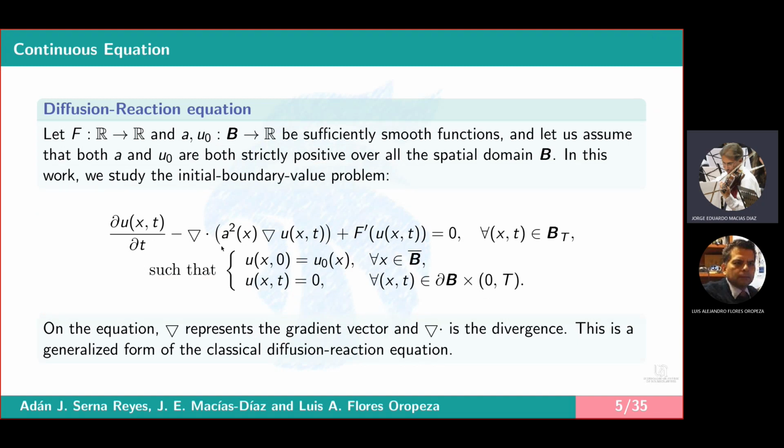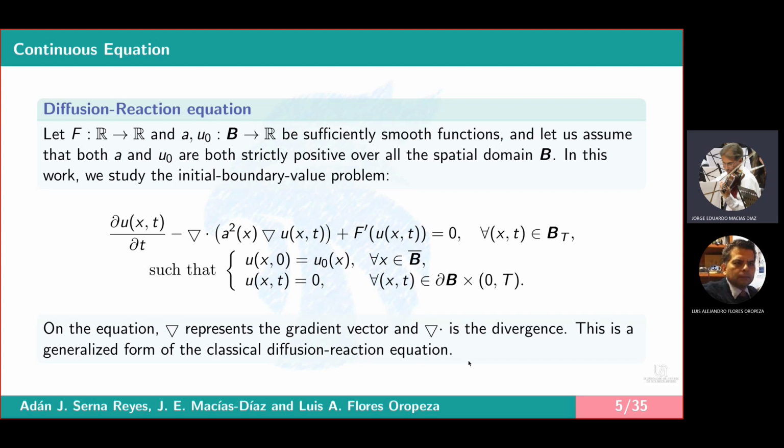The mathematical model investigated in this work is given by this partial differential equation subject to this initial condition and Dirichlet boundary conditions. As you can see, this is a parabolic equation. A and f are going to be sufficiently smooth functions, as u0 also is going to represent a sufficiently smooth function. This symbol represents the gradient vector, and this other symbol is the divergence.